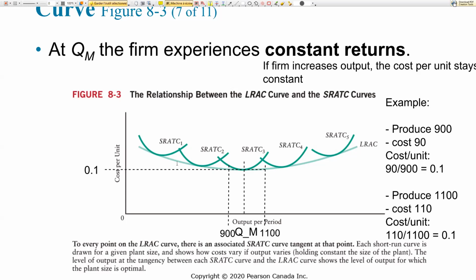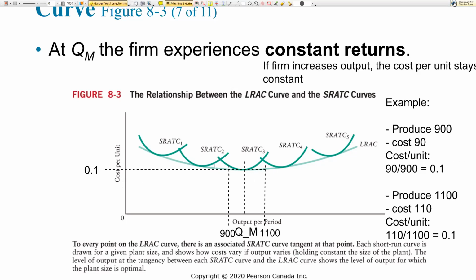Since it has this shape, like a parabolic shape, an inverted U shape or a saucer shape, it's only going to be true here. But if it was always possible to say double the size of the firm and stay at the same cost per unit, then this long run average curve would be essentially flat everywhere.